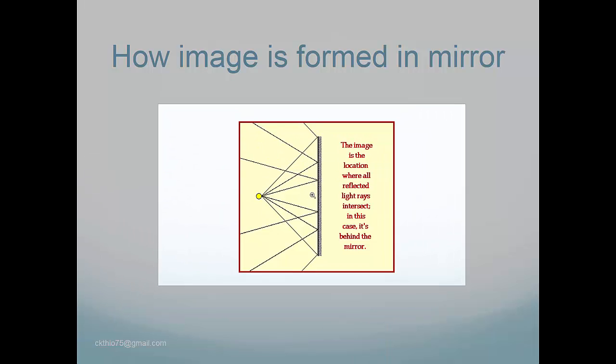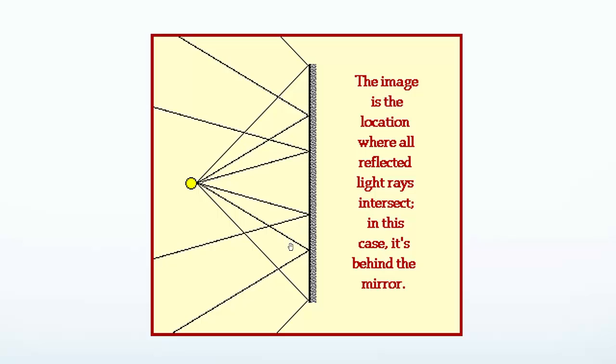Let's zoom in and have a look. You see that all the light rays coming out from the light bulb strike the mirror, and each individual light ray behaves by the law of reflection.